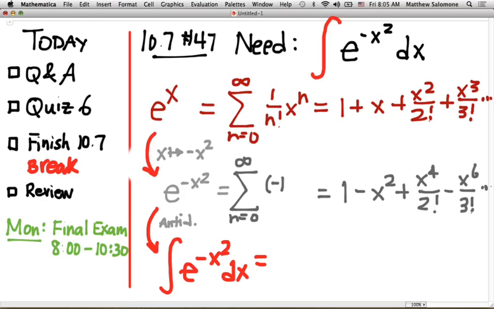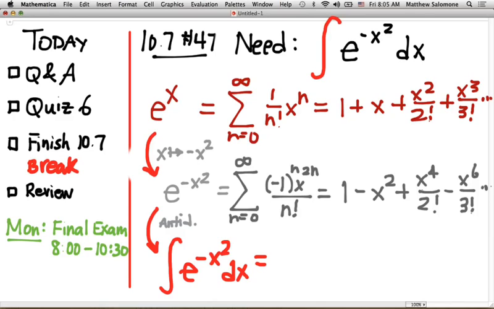Negative 1 to the n, x to the 2n. And where did that come from? Right, the negative 1 to the n compensates for the alternating feature of this series.